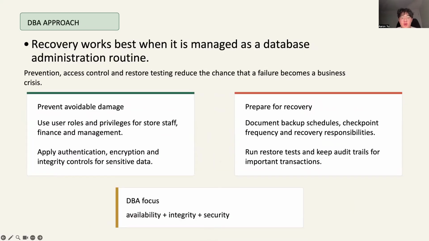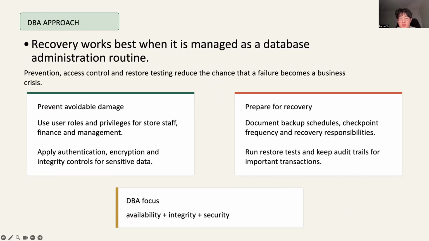Recovery works best when it is managed as part of the regular database administration. Costello should not wait until a failure happens before thinking about recovery. A good DBA approach includes prevention, access control, backup planning, audit trails, and restore testing. For example, user roles and privileges should limit what store staff, finance staff, and the managers can change.